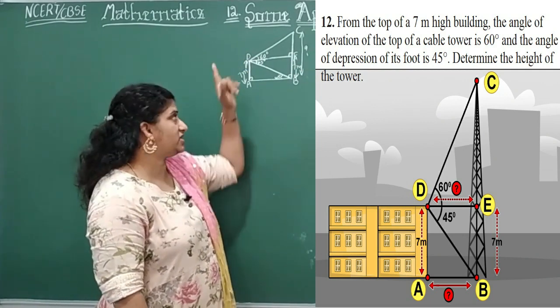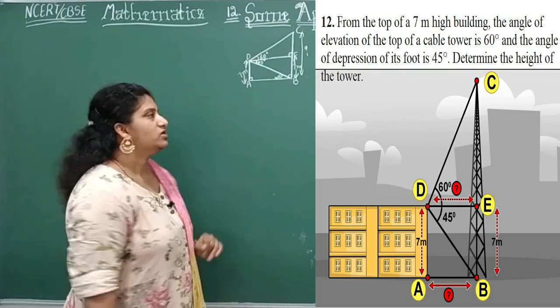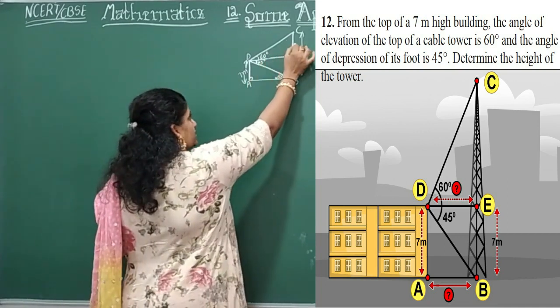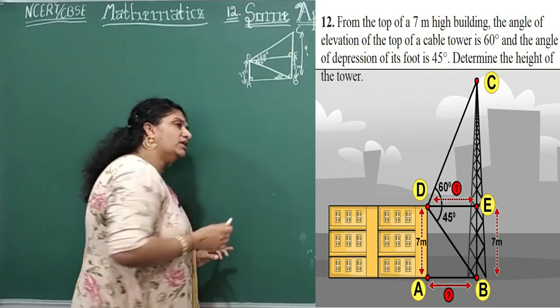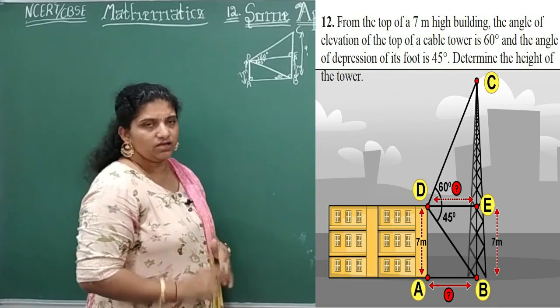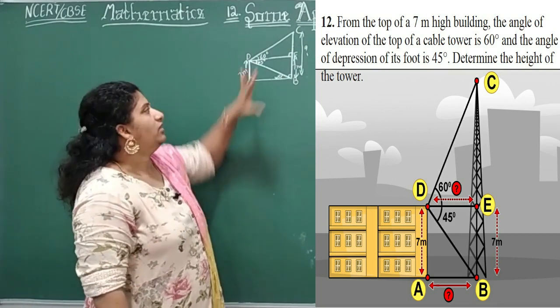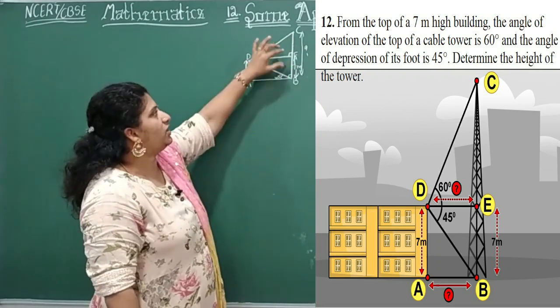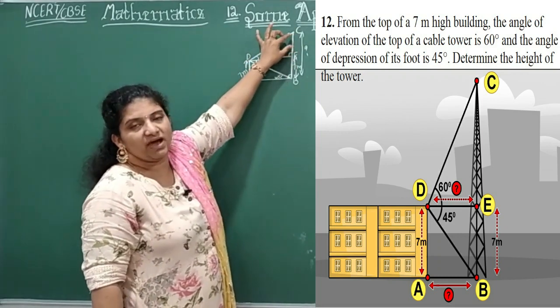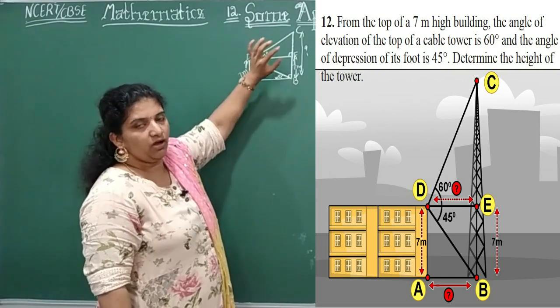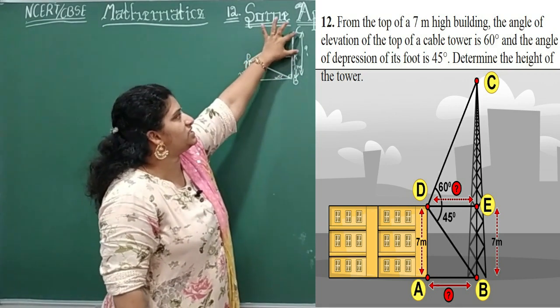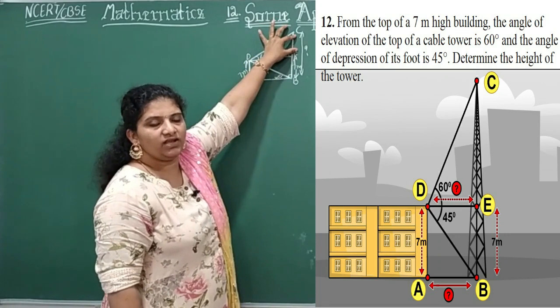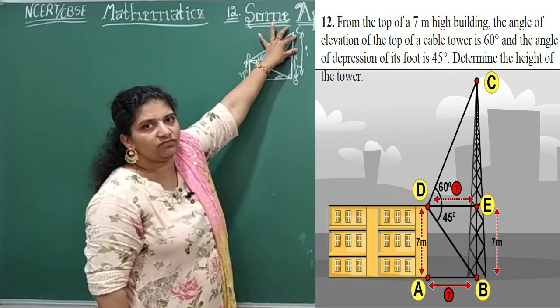But what is the question? You need BC. So at this position, many people will do it in many ways. One way is, the total height of the tower you may assume H, and you can write this part as H minus 7, or let me assume CE as H. Then in the last line, what is the height of the tower?